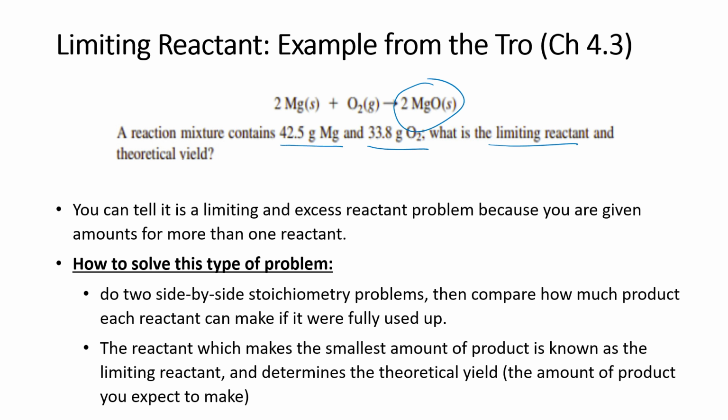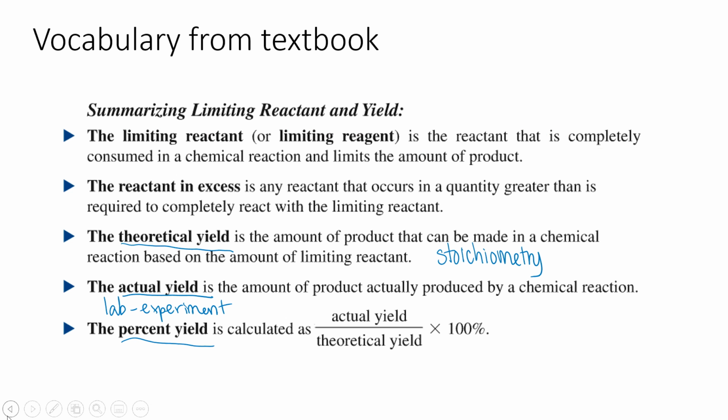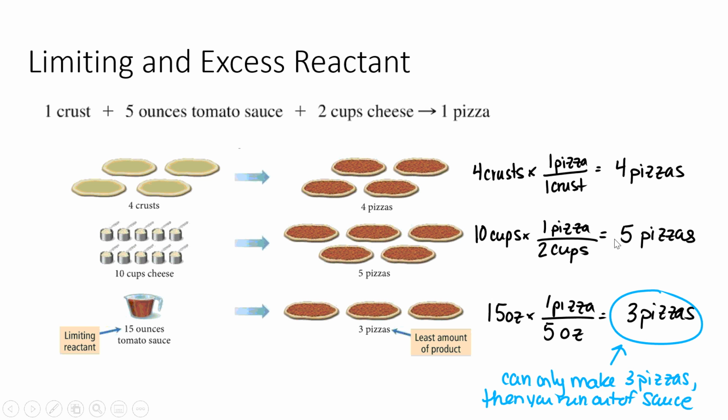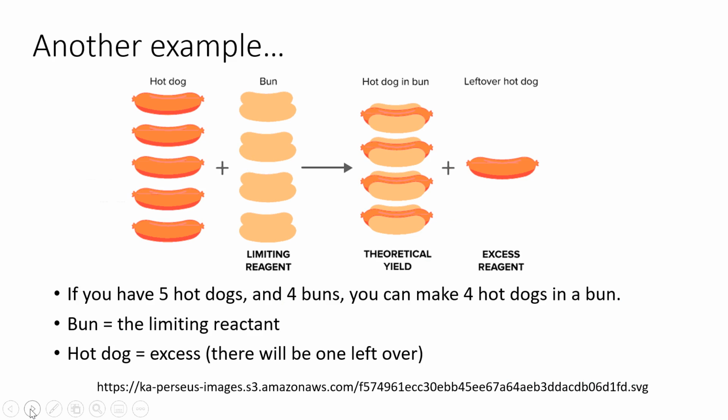And how you'd solve this type of problem is you do two side-by-side stoichiometry problems and compare how much product each reactant could make if it were fully used up. And this is what we've just been doing in these examples. Do you see how we did some side-by-side? We did two stoich problems and we compared whoever made the least amount of product. Same thing over here with the pizza. We did like 3 stoichiometry problems, and whoever made the least amount of product is my limiting reactant. Okay, so that's what we're going to do here.